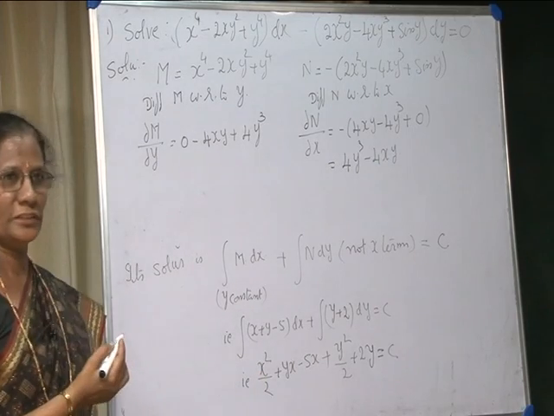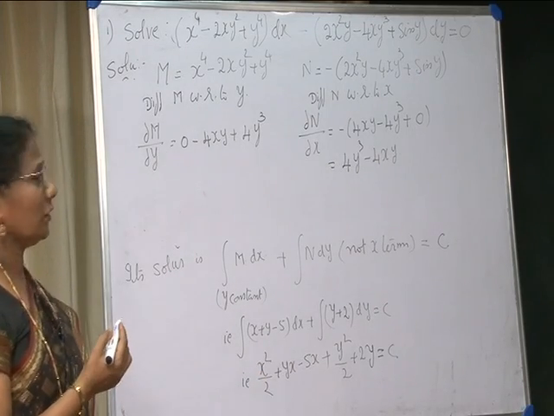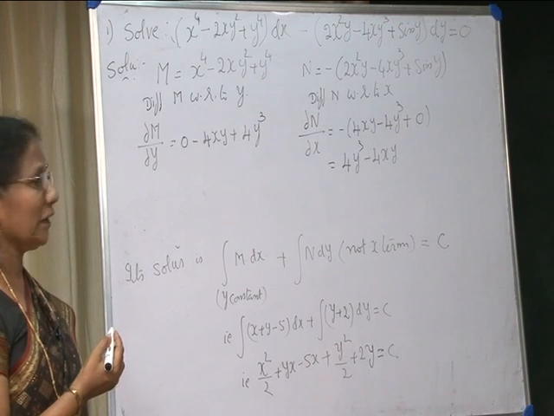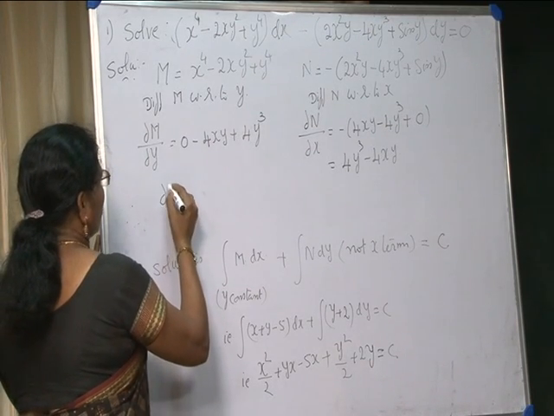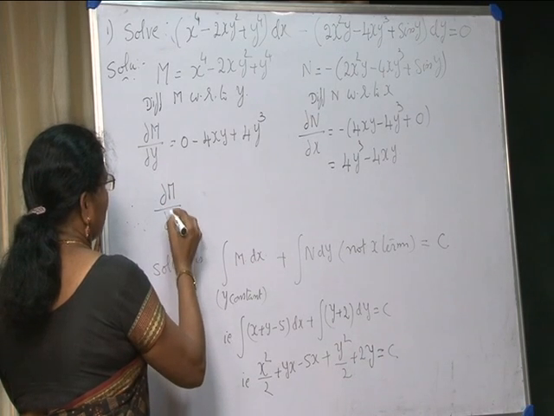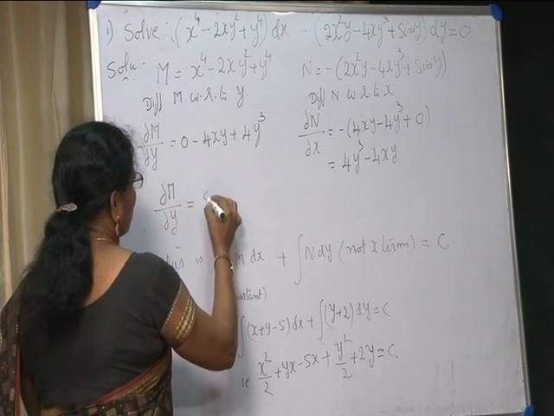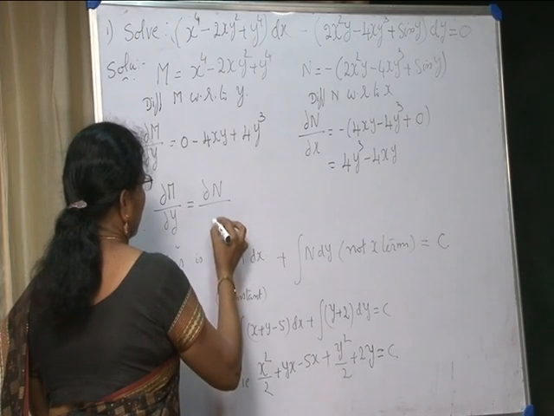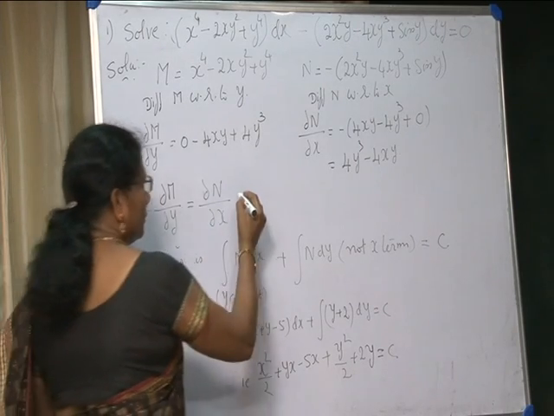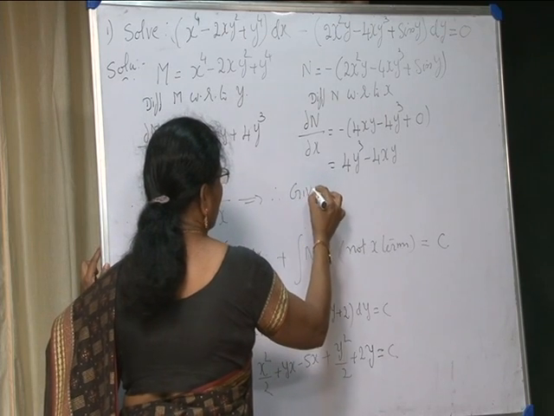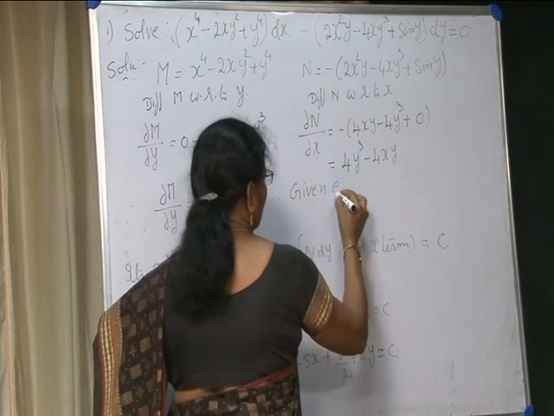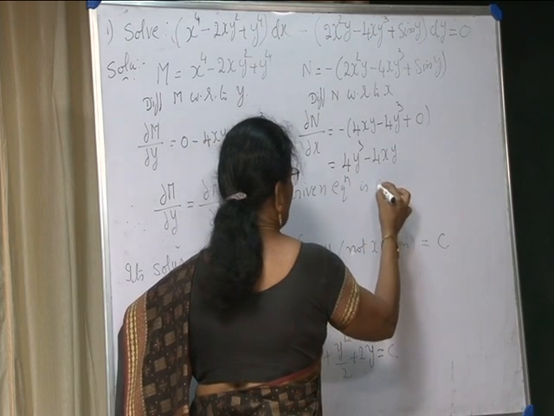By observation itself, delta M by delta y is equal to delta N by delta x. So, it is an exact equation. Therefore, the given equation is an exact equation.